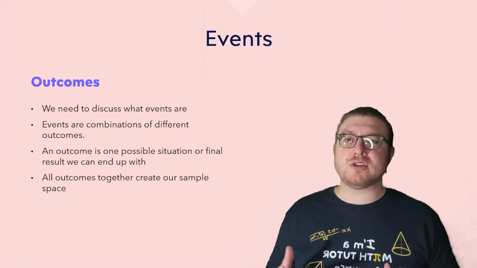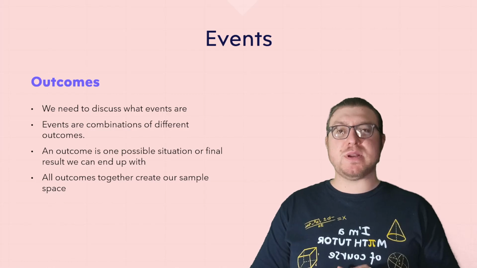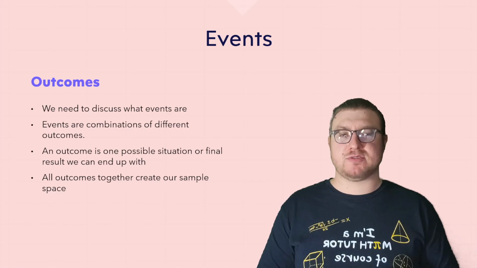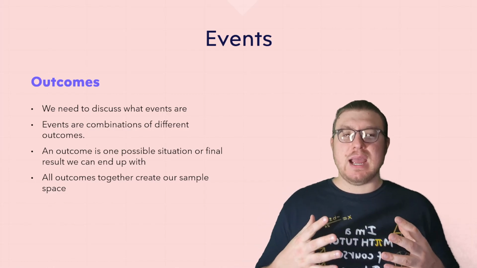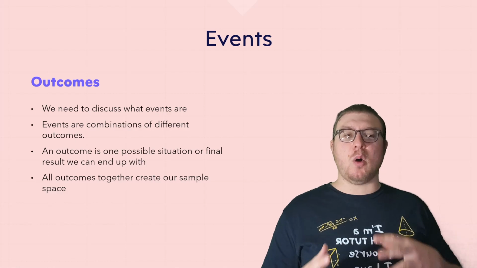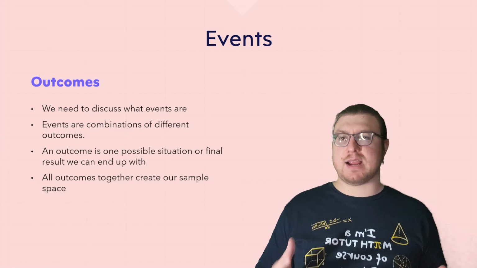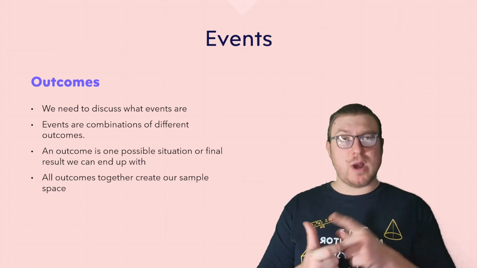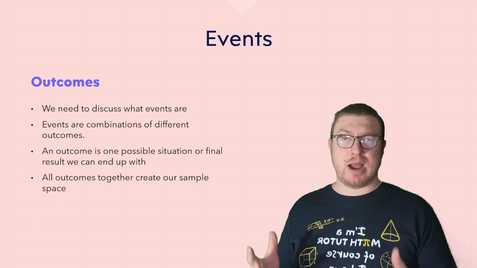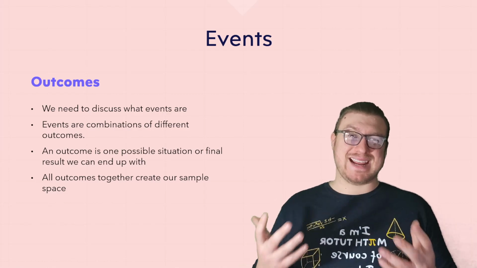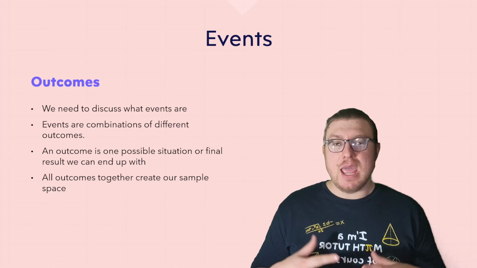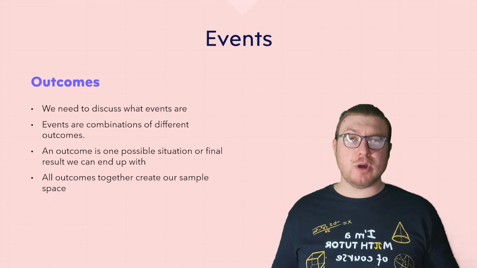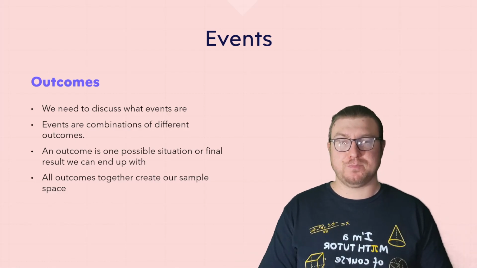First of all, before we talk about probability trees, we need to talk about outcomes and events. What are outcomes? Outcomes are all the possible situations that can come up. For example, if you roll a die, numbers 1 all the way to 6 are your outcomes. That is all the things that can happen. If you're throwing a coin, you can have 2 outcomes, heads or tail.